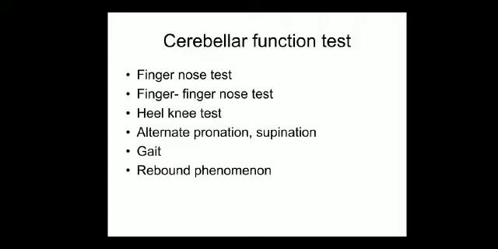They can't do alternate supination and pronation because they cannot start or stop the movements quickly or easily, and their motions are slow and irregular. That is the function of the cerebellum, that it is responsible for the appropriate regulation of the rate, range, degree, extent and time of the movements.